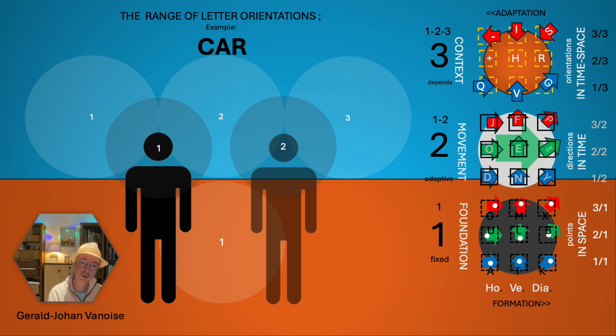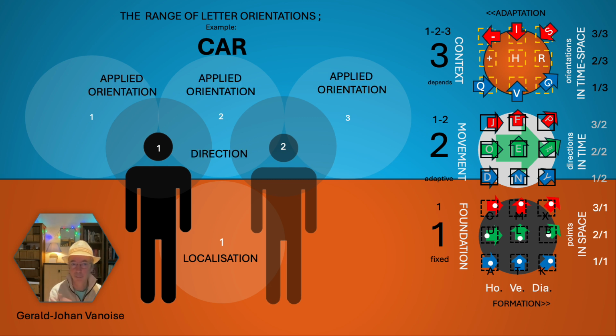But let's first face the 3 letters of car, from which the easiest letter, which is the basic orientation in that word, the middle letter there, the A, is the easiest one. But first of all, I will resume again the 3 sorts of categories. So the localization, the direction, or the applied orientation.